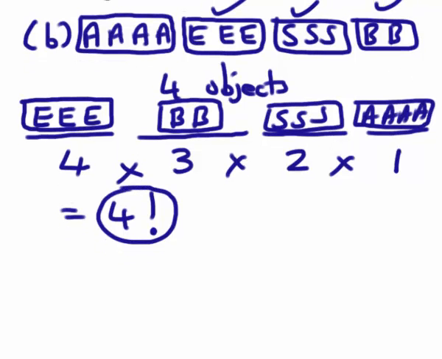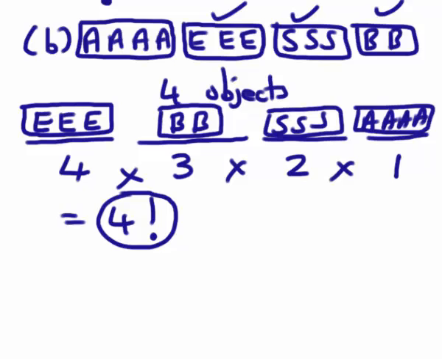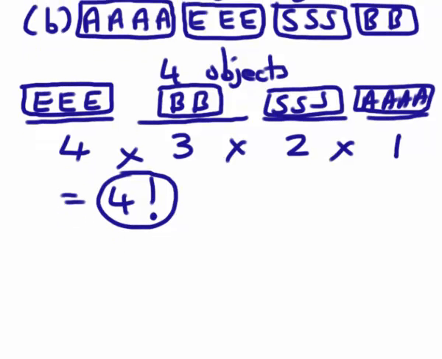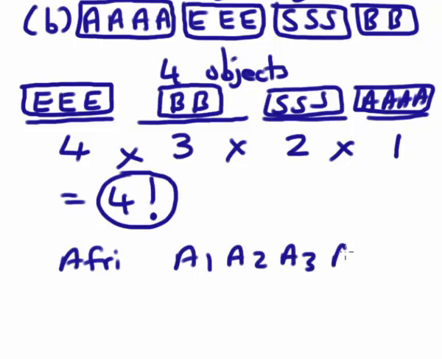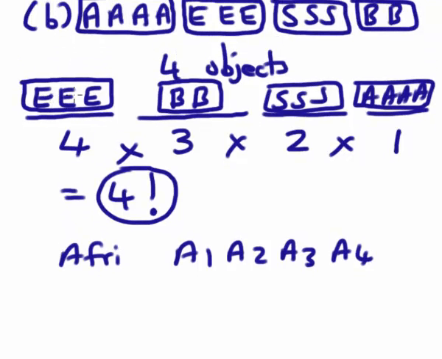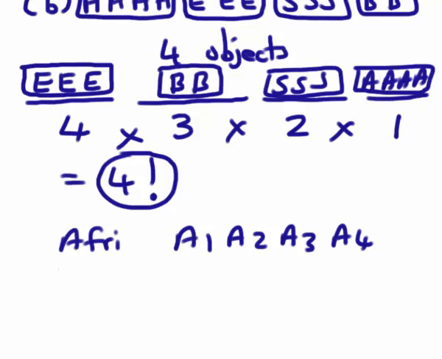Each object contains Afrikaans books or English books, science books, or biology. But now hang on, let's have a look at the Afrikaans books. They can be arranged in certain ways as well. You've got 4 different Afrikaans books. So in that position on the shelf, the 4 Afrikaans books can be arranged in how many ways?